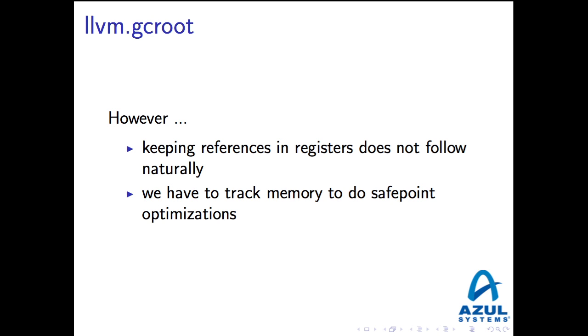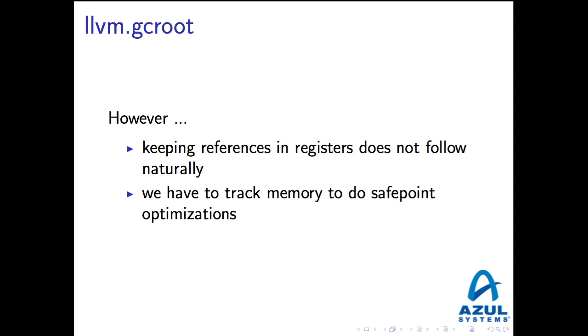However, we'd like to admit other kinds of lowering strategies. We'd like to, for example, keep heap references in registers across calls. We don't want to always have to spill them. We can do that in GC roots with some interesting lowering magic, but that does not follow naturally because you've already sort of committed to spilling the heap references to your stack, early on in the representation itself.